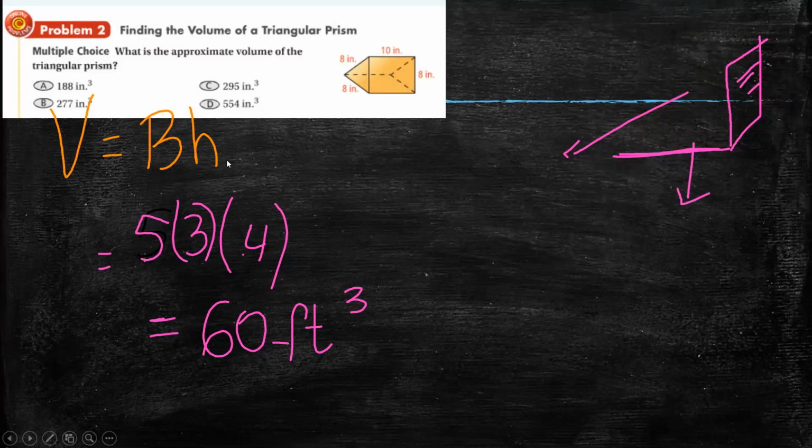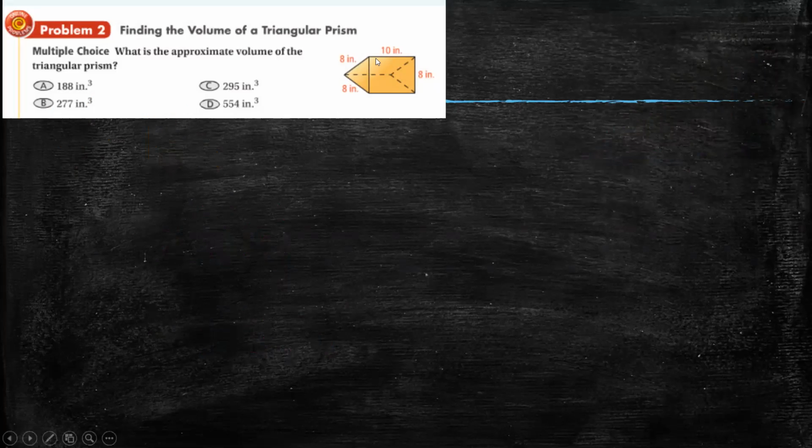Now look at this shape here. As you see, it's a triangular prism. And for this triangular prism, we cannot say that this rectangle is my base.